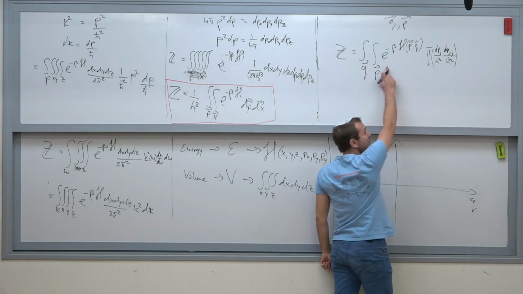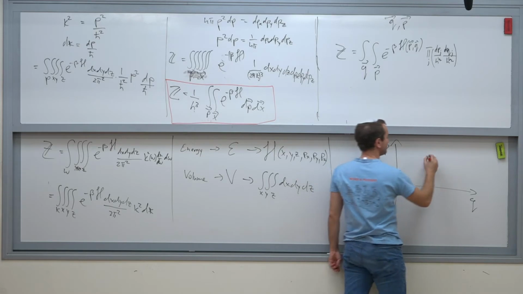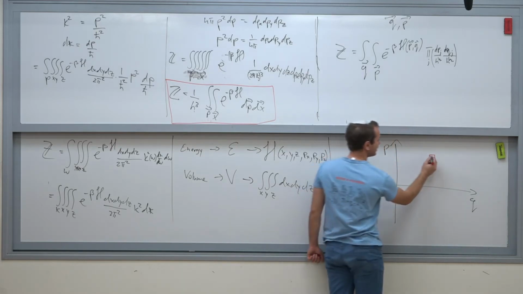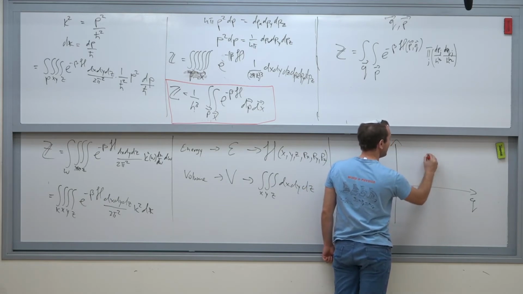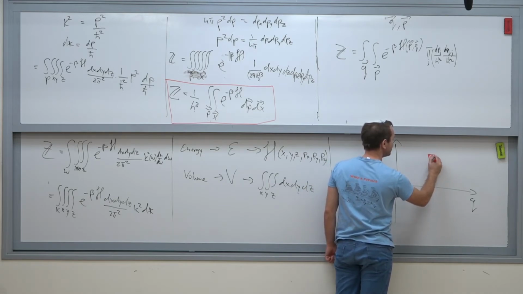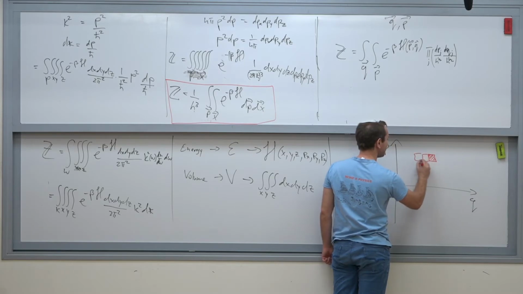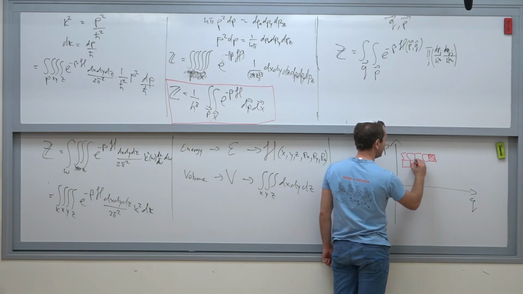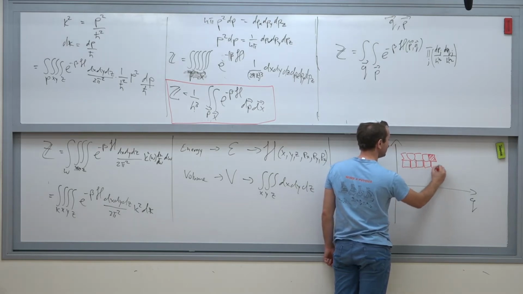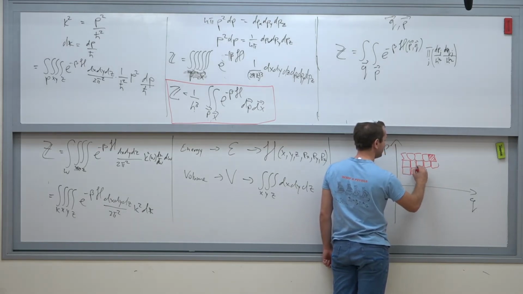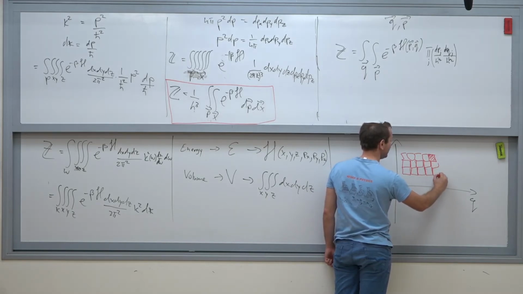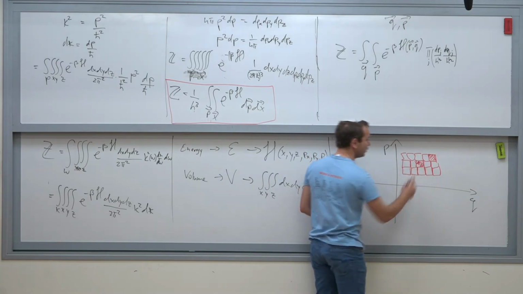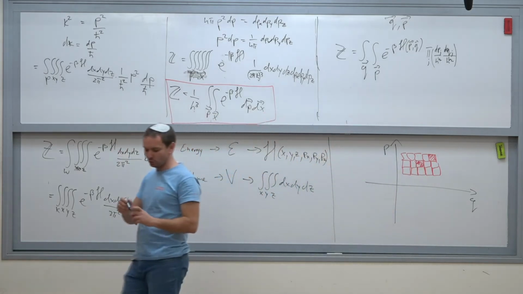And I count the e to the minus beta H. Now, eventually, what I'm integrating over are some small portions of phase space, right? I sum up over all different volume elements of my phase space. I integrate over all the volume in my phase space.